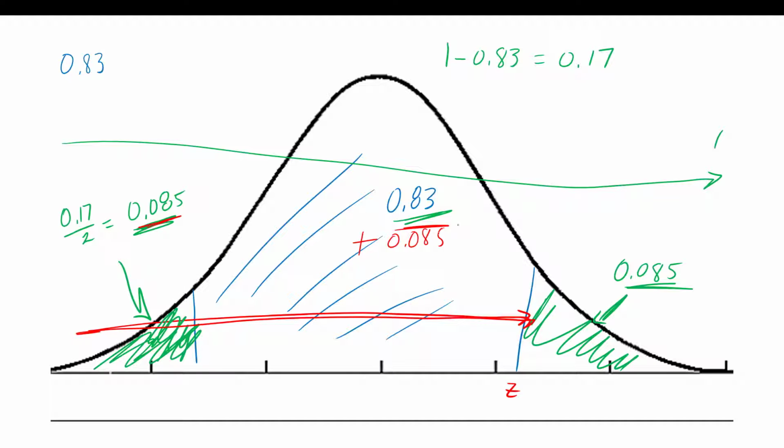So I add those together, 0.83 plus 0.085, and I get 0.915. And typically you're going to see in the table areas we like to put in 4 digits.